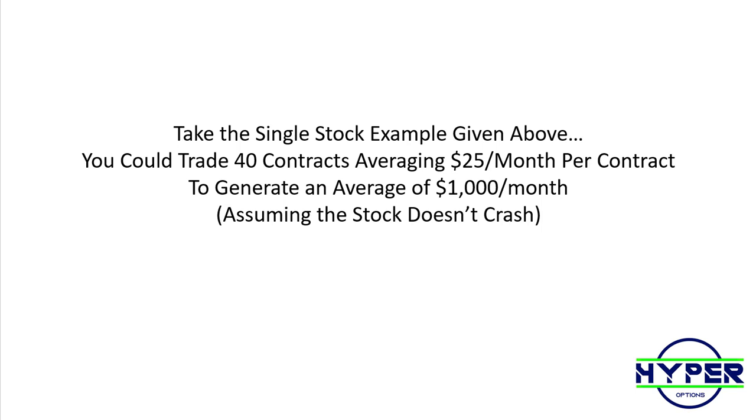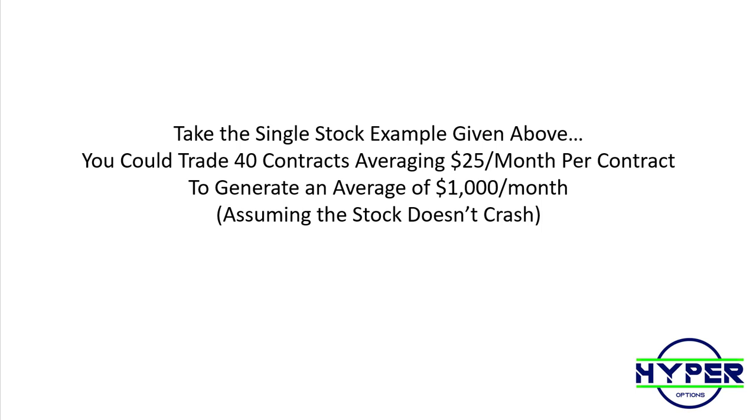And if you have 40 contracts, then you're talking about averaging about $1,000 a month. And that's assuming, again, that the stock doesn't crash. And if it does crash, it might be something less than that. Or of course, there is risk. But assuming the stock doesn't crash, it's very high probability that you'll be able to generate around $1,000 a month just from trading 40 contracts.